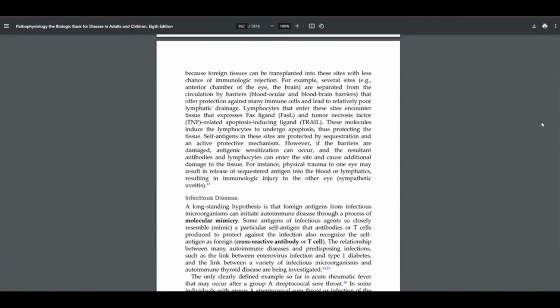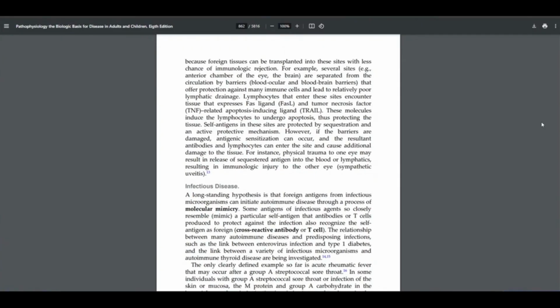Lymphocytes that enter these sites encounter tissues that express Fas ligand, or FasL, and tumor necrosis factor-related apoptosis-inducing ligand, TRAIL. These molecules induce lymphocytes to undergo apoptosis, thus protecting the tissue. Self-antigens in these sites are protected by sequestration and an active protective mechanism.